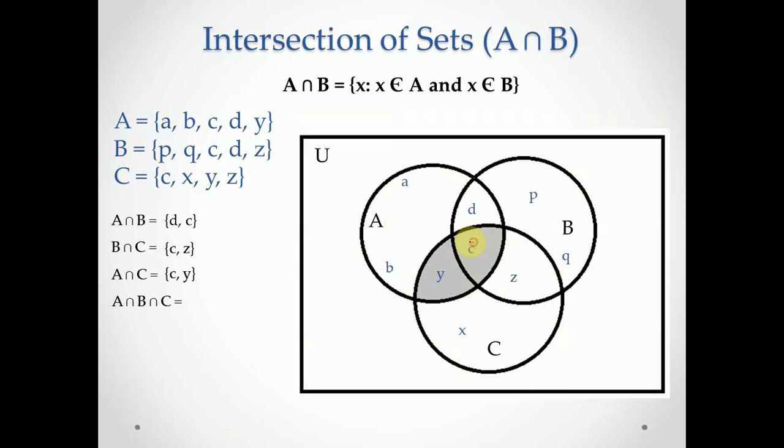So there is only one element C which is common in all the three sets. So from the shaded portion which is showing A intersection B intersection C, all the elements which come in this particular portion will be part of A intersection B intersection C. So we can write A intersection B intersection C as the set containing the element C. Only the element C is coming. Okay.